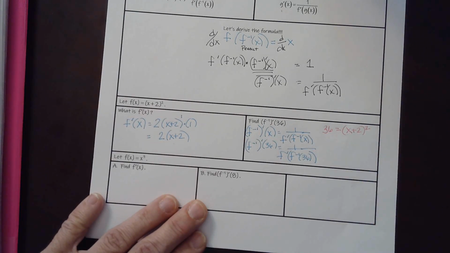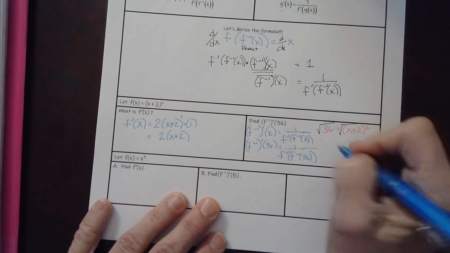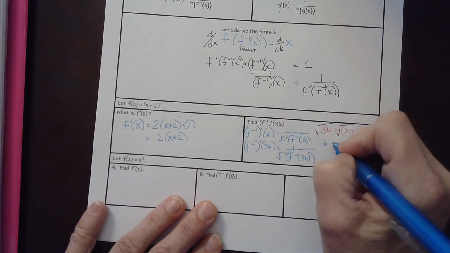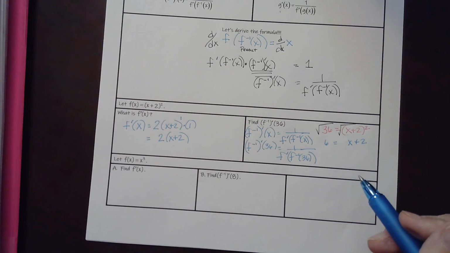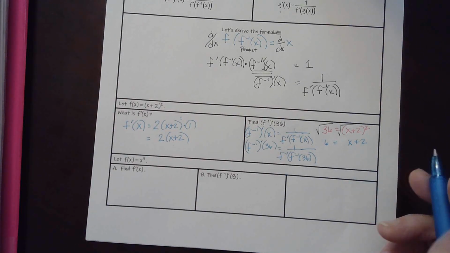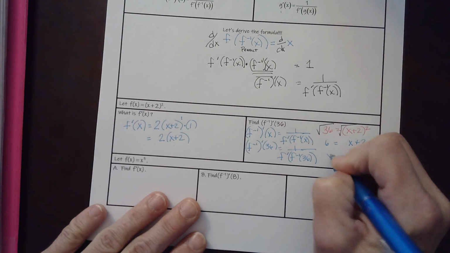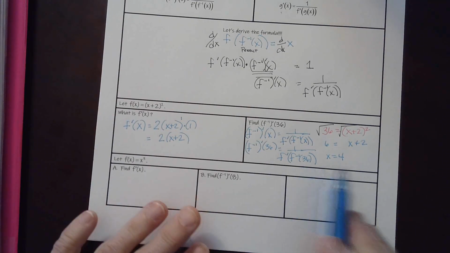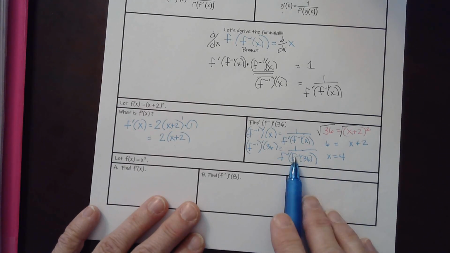Undo the square by taking the square root of both sides, and we get 6 equals x plus 2, and we have x equals 4. Okay? So I'm not finished, because that 4 is just this piece right here.